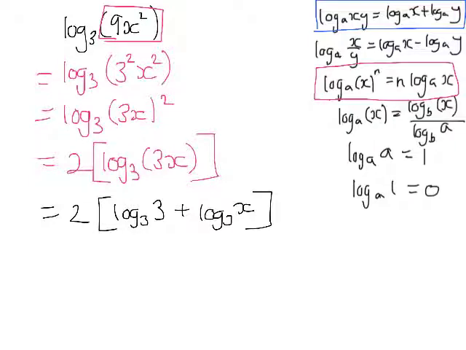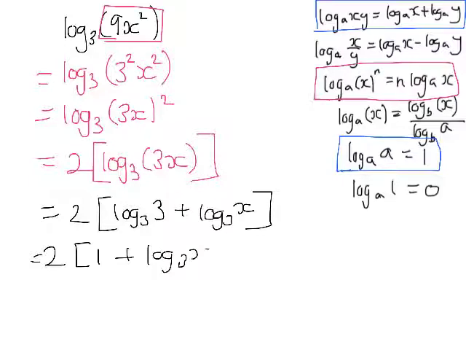Log to the base 3 of 3 is equal to 1. This comes from this law here. Log to the base a of a is equal to 1. So we get 2 times 1 plus log to the base 3 of x. Expanding out, we get 2 plus 2 log to the base 3 of x.